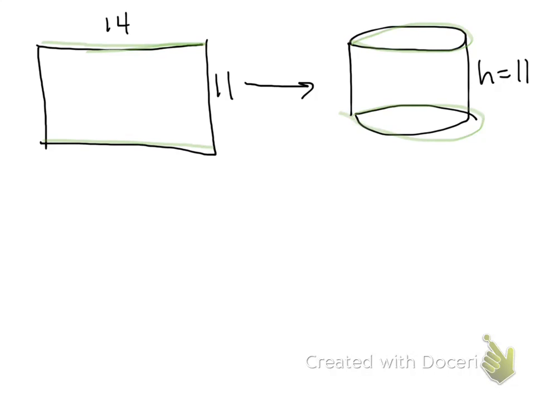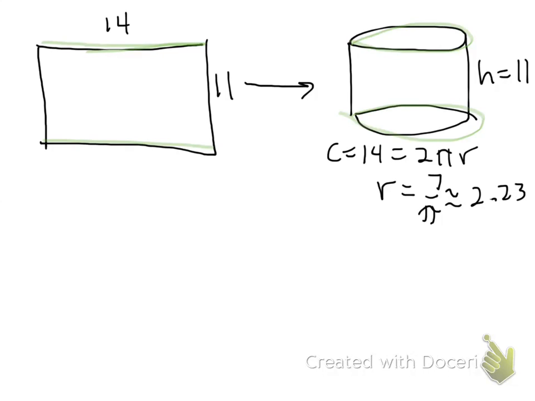That's the circumference. So we know the circumference is 14, but that's equal to 2 pi r. So r equals, if you divide by 2 pi, 7 over pi, which is approximately 2.23. Now I don't like to use that number in there, so you'll see me work without it. But there's our radius. Now we can figure out the volume.